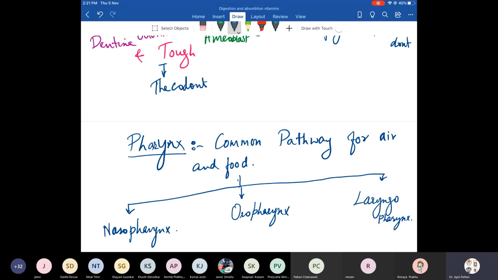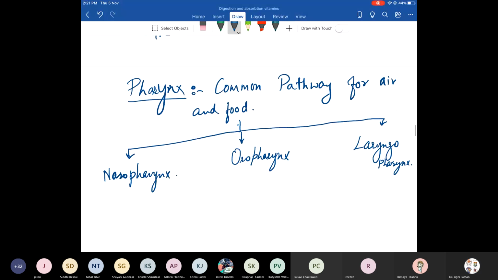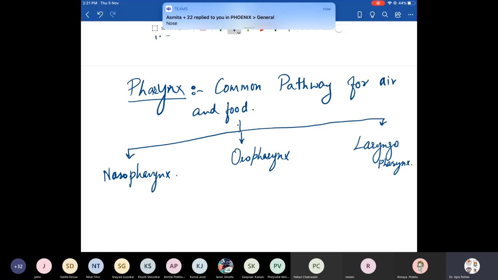Clear? So what do you understand by nasopharynx, oropharynx, and laryngopharynx? Naso means nose region. Oro means mouth, oral cavity region. Whereas laryngo means where the larynx is. So you need to know this.